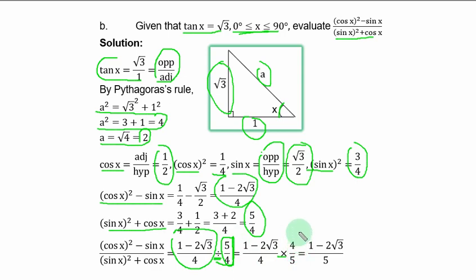So you have 4 over 5. By the time 4 cancels 4, you are left with (1 minus 2 root 3) over 5. No further simplification is needed.